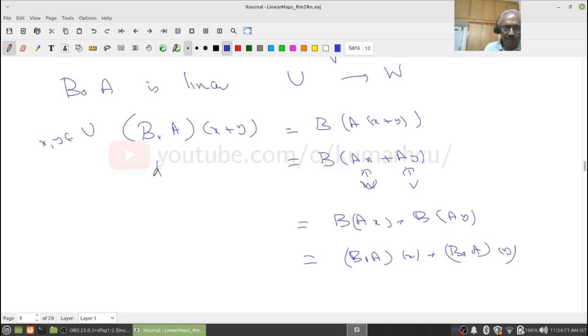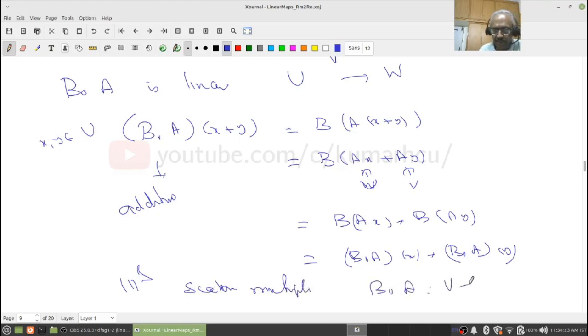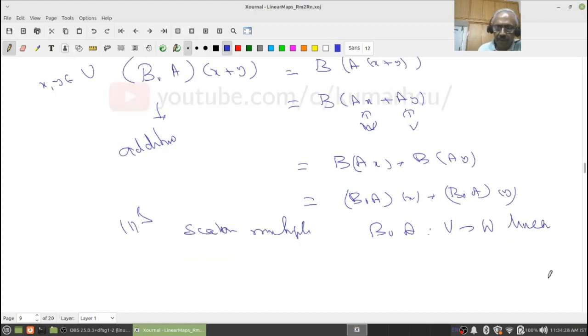Therefore this map is additive. And similarly scalar. So what have we shown? This is linear. Okay, pause, review, proceed.